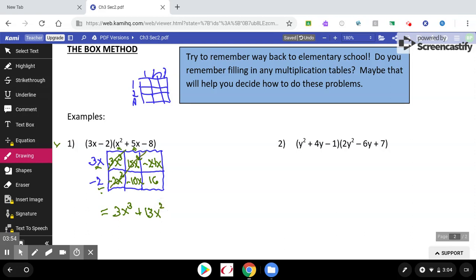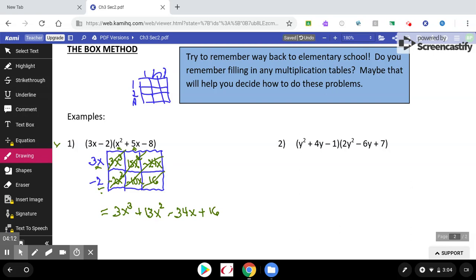I'm going to cross those 2 boxes off because I know I got them. So I'm going to add a negative 10 and a negative 24 for a total of negative 34. And then obviously I get a 16 left over. And that's it. That's multiplying with a box. So I do think that's easier.